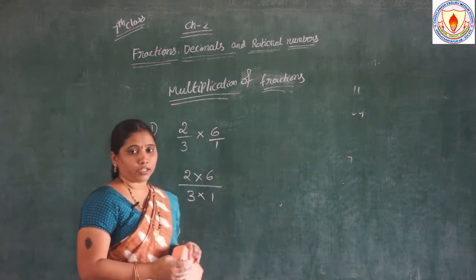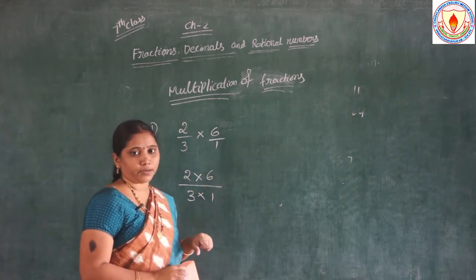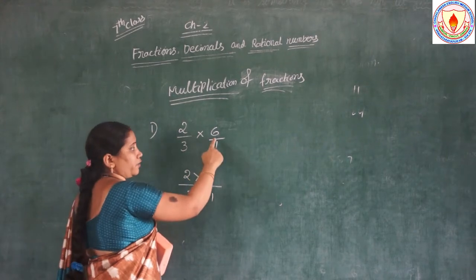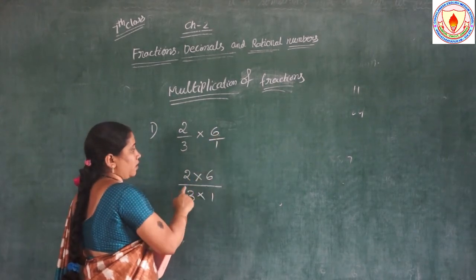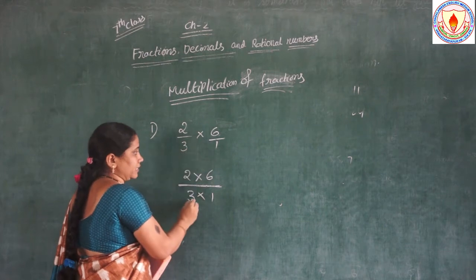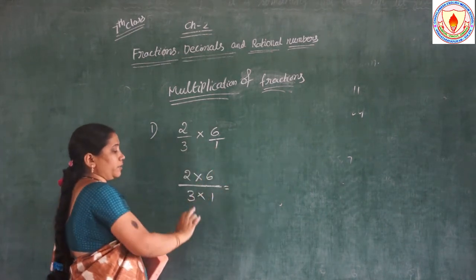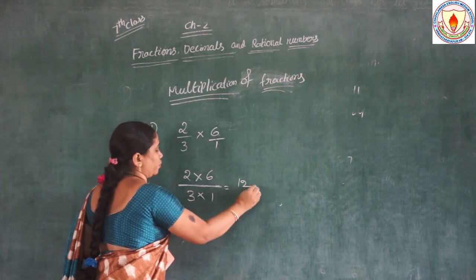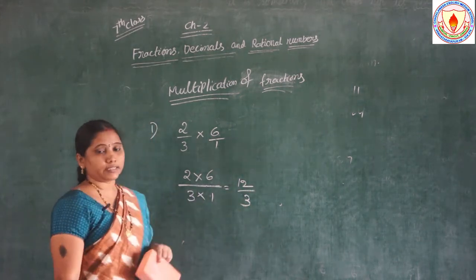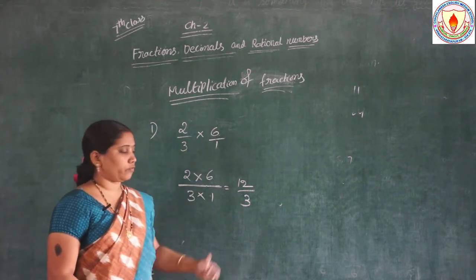We have to multiply numerator only with numerator, and denominator only with denominator. So in this fraction the numerator is 2. In the next fraction the numerator is 6, with only one fraction bar, and here the denominator is 3 and here the denominator is 1. Now you have to multiply. 2 6s are 12, 3 1s are 3. So 12 by 3 is the product of the given fractions.